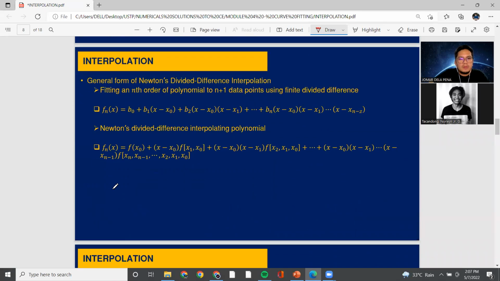And for the general form of Newton's divided difference, fitting an nth order polynomial to n plus 1 data points using finite divided difference. So, mo niya to ang pag-derive, no? Sa formula. Gamitan na to finite divided difference. And for the Newton's divided difference interpolating formula, kung kanya itong sundong, grabe ka complicated na kayo siya, no?